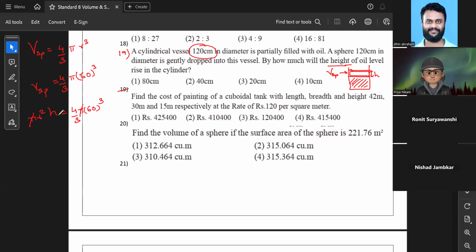So I'll cancel pi. There are three 60s, out of which two 60s I'll cancel. I'm left with 60. And the height is therefore 4 multiplied by 60 divided by 3. So when I cancel this, I get 20 over here, and hence the height comes to be 80. 80 centimeter is my answer.